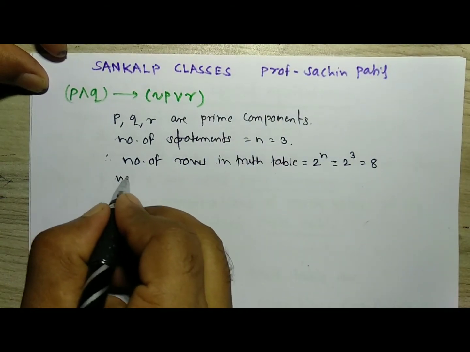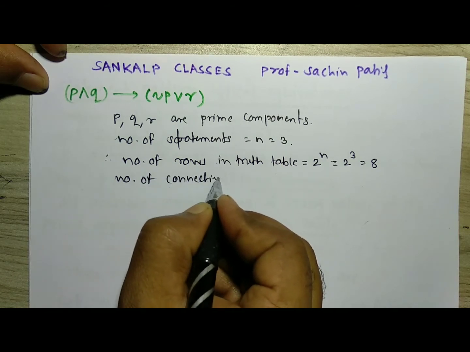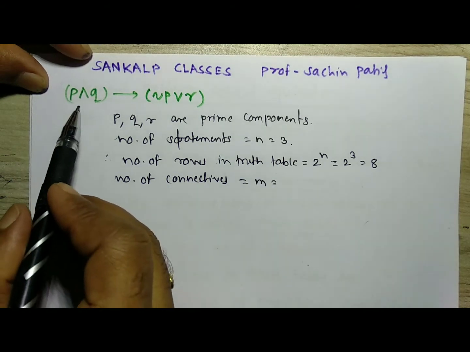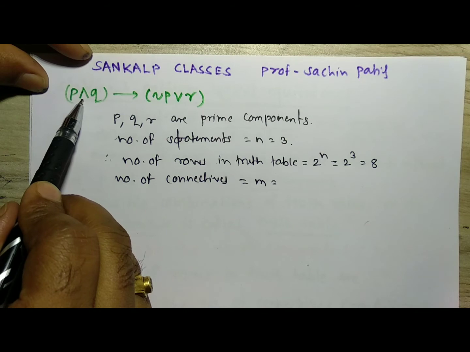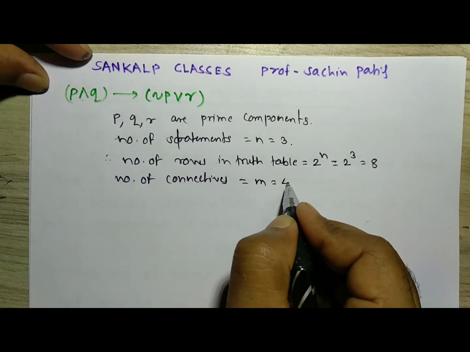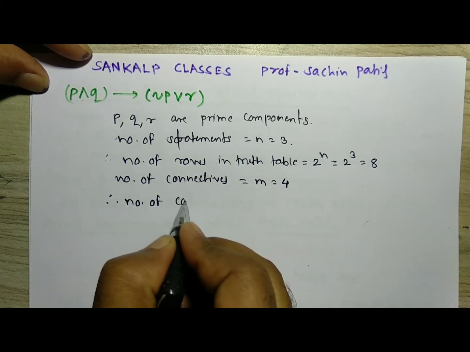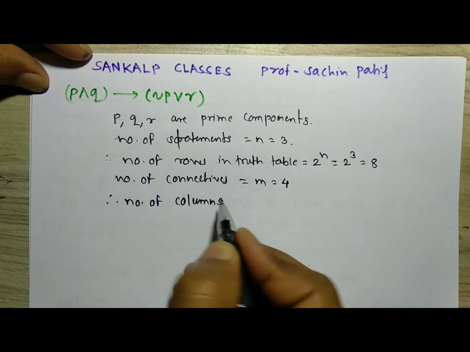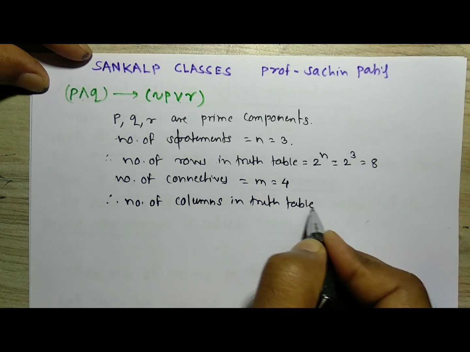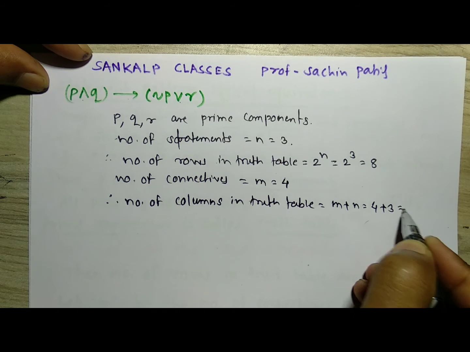And the number of connectives is m. Right now we can count the connectives: 1, 2, 3, 4 connectives are here, and therefore m is equal to 4. The number of columns in a truth table is m plus n, that means 4 plus 3, equal to 7.